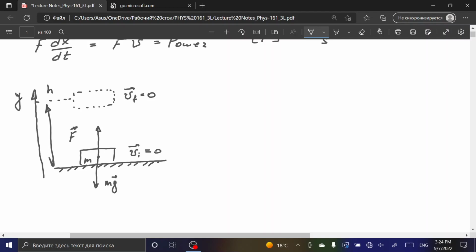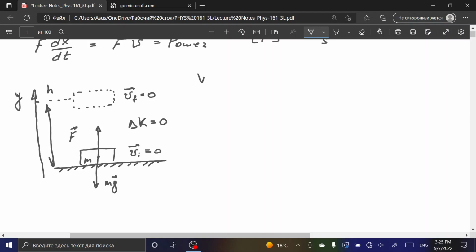We can even highlight here that delta k is equal to 0. But something definitely happened, because these two states are different. Let's figure out what is going on.